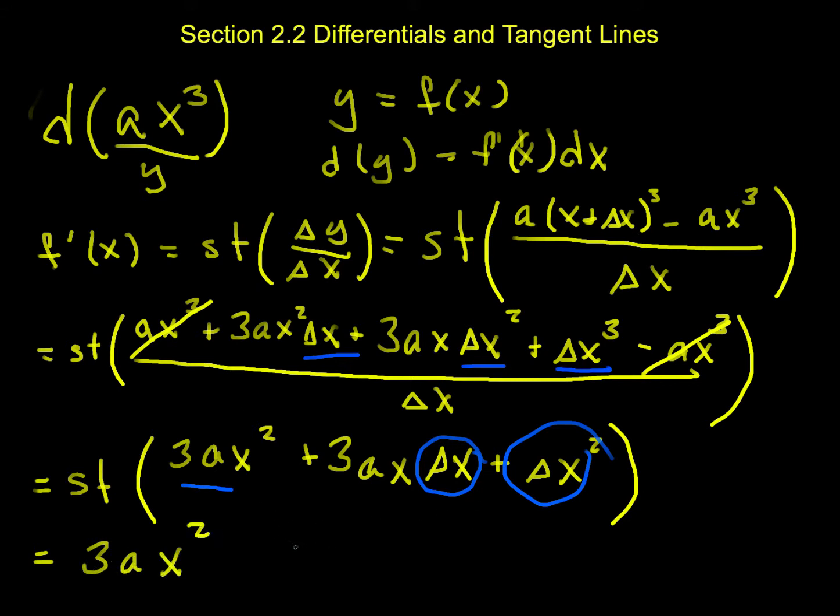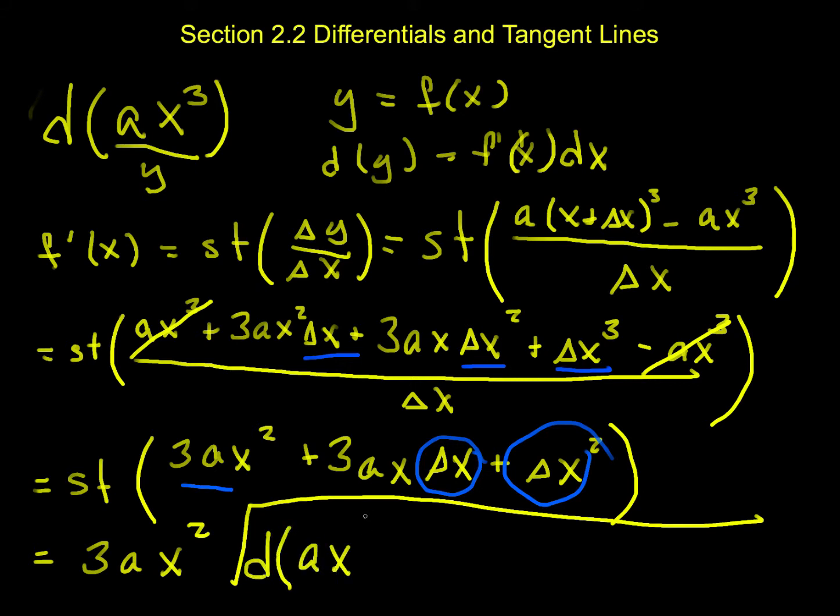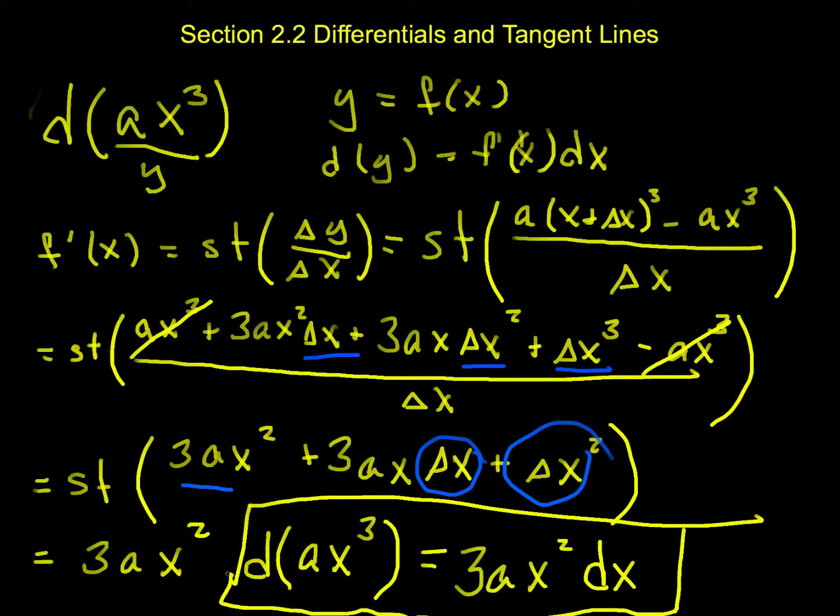So then the differential, kind of putting this off to the side, of ax cubed, we just computed the derivative. So the differential is the derivative, 3ax squared, and then you need the extra term, the differential of x. That is what the differential is. Okay? So the differential of ax cubed is simply 3ax squared dx.